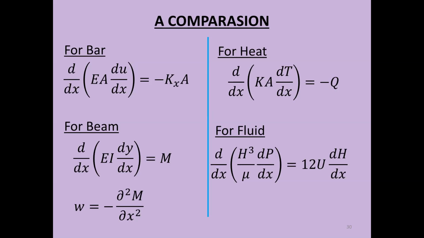So what I want to say is, by simple substitution of one parameter to another, you can convert one working program to solve the range of phenomena which follow the same second order differential equation.